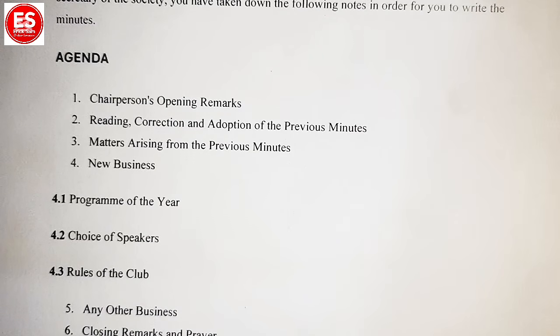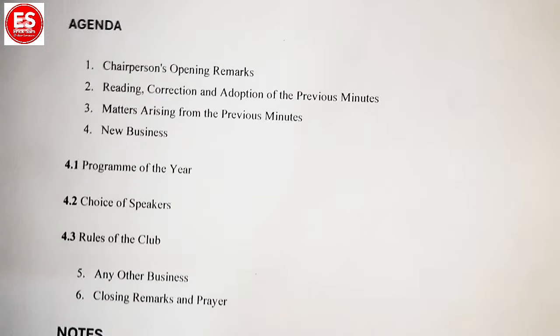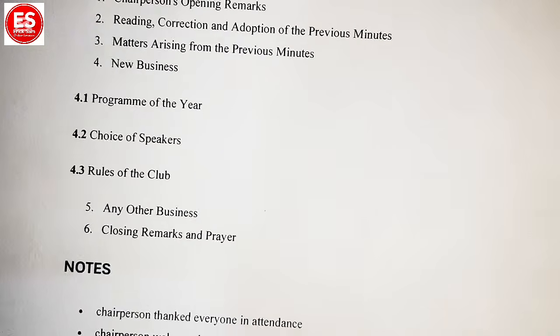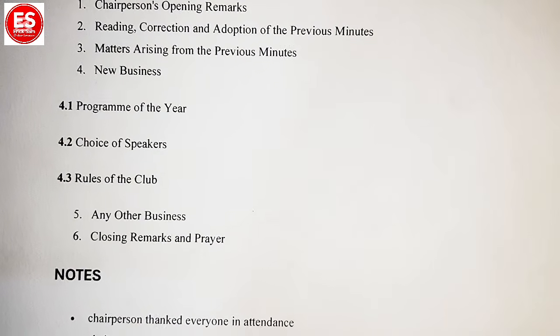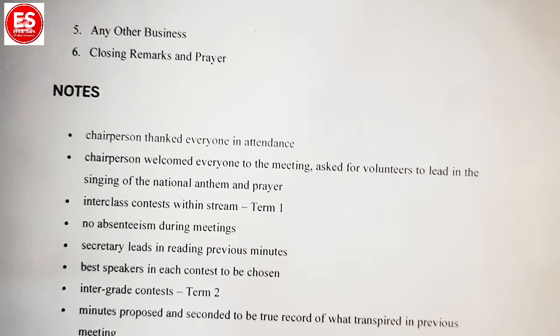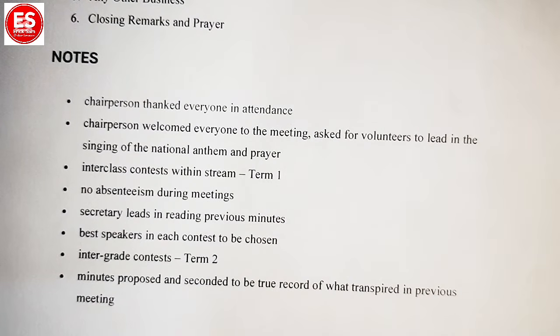Chairperson's opening remarks. Number 2, reading, correction and adoption of the previous meeting's minutes. Then matters arising from the previous meeting. Then you have new business: program of the year, choice of the speakers, rules of the club, any other business, and closing remarks.